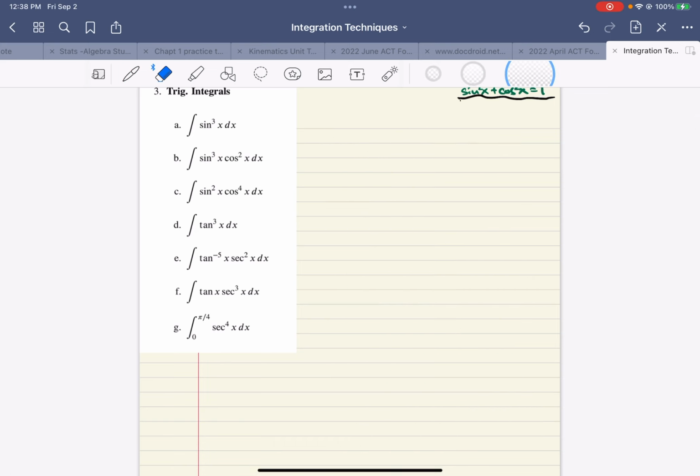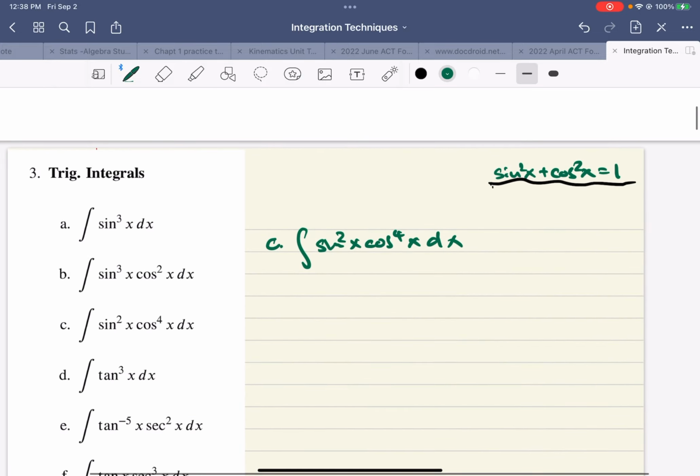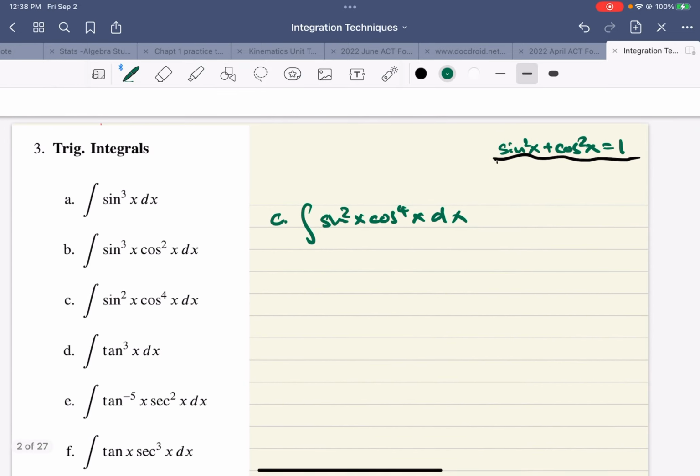Now next one, C. Okay, integral sine squared x cosine fourth power x dx. What if we have both of them even power? So I'm gonna use a power reducing formula. What is a power reducing formula?